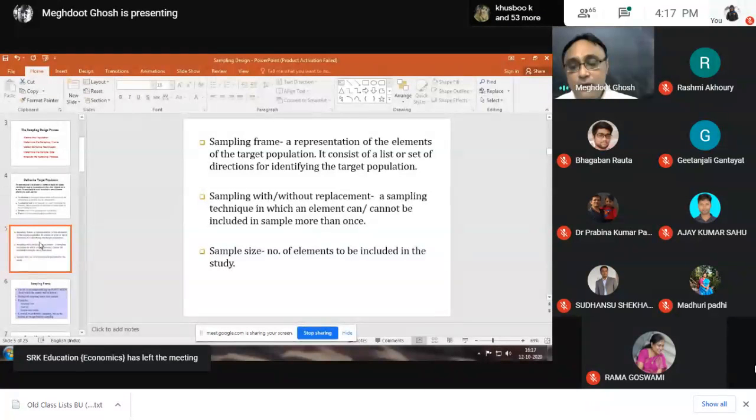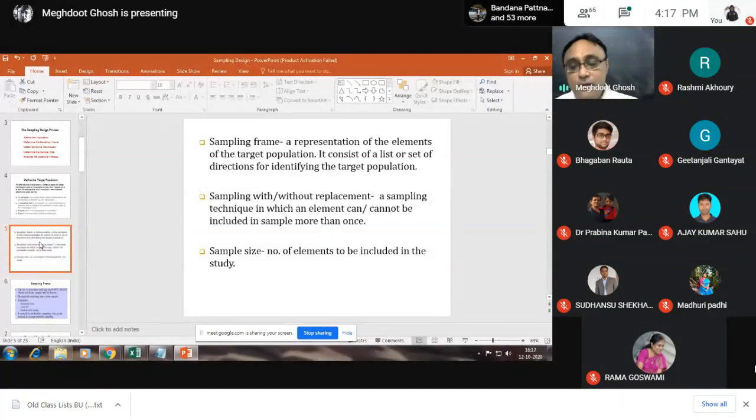What is with replacement? Suppose you are taking a unit out from the population, and after recording the information from that unit, you are returning it back to the population. So you are replacing it. And what is without replacement? Without replacement means you are taking a unit from the population, and after taking the information, you are not returning it back to the population.